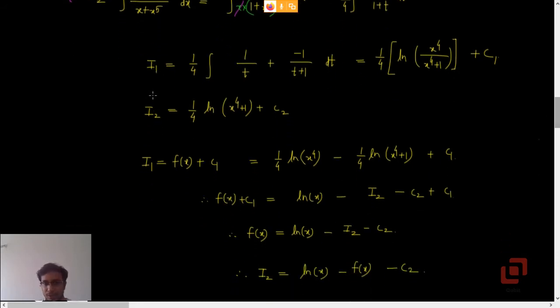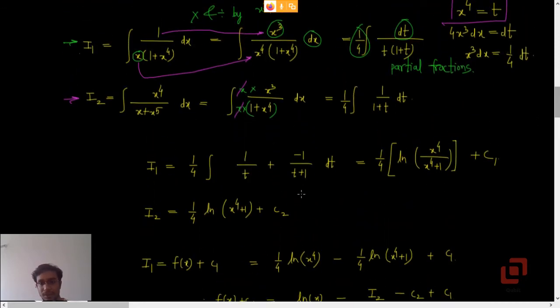Now if you solve I1 and I2 with the help of partial fractions, the first job will be splitting the given integrand in I1 into partial fractions, that is finding the coefficients a and b. Okay, I have done that here. A has turned out to be 1 and b has turned out to be -1.